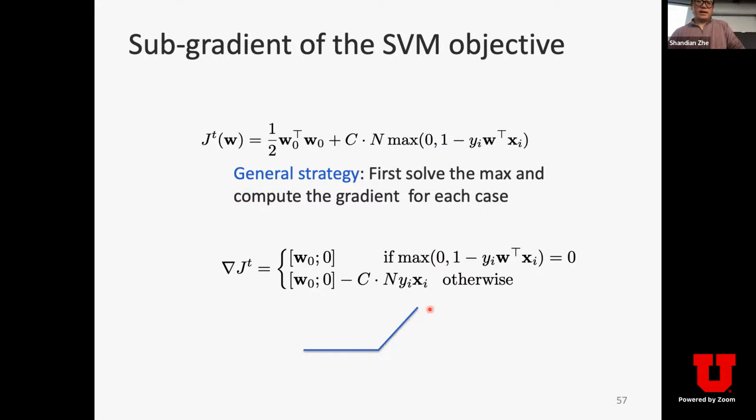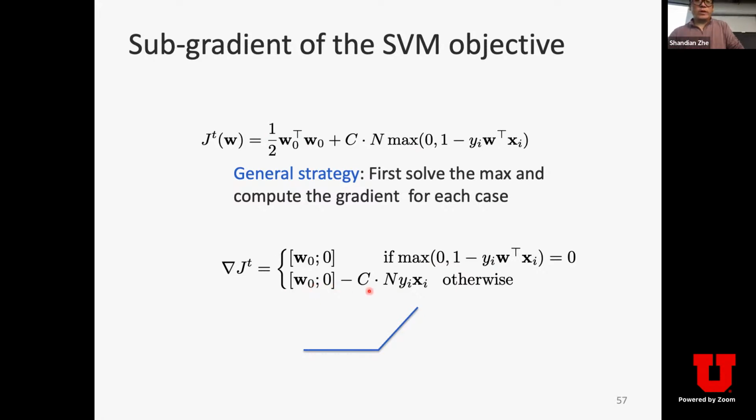This is valid because if you draw a line which overlaps with here, the whole line still stays below the entire max function body. You take the gradient with respect to w, which will be C times n times minus yi xi. And the gradient for the first term doesn't change, it's still w.